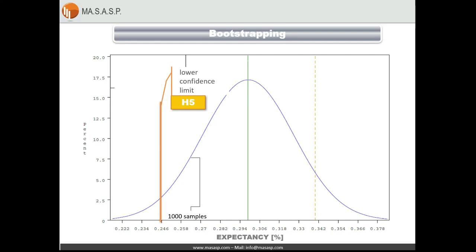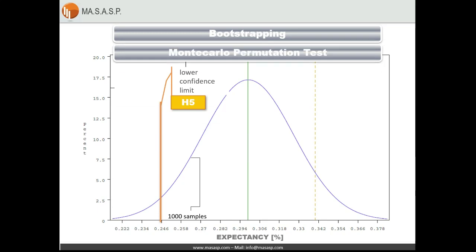First of all, let me clarify something related to the bootstrapping role. Some scholars advocate for the use of the Monte Carlo permutation test as a replacement for the bootstrapping. For a thorough coverage of the Monte Carlo permutation test, it is possible to refer to David Aronson's famous textbook.